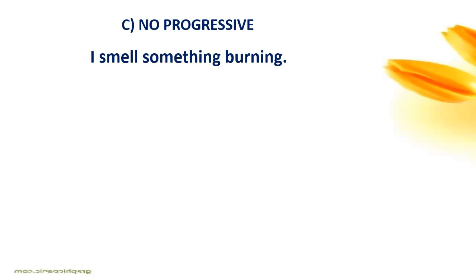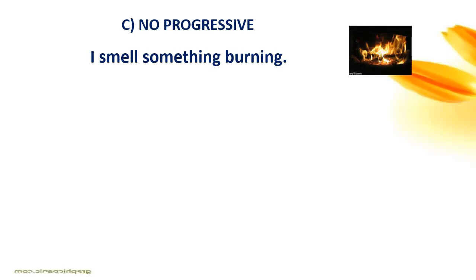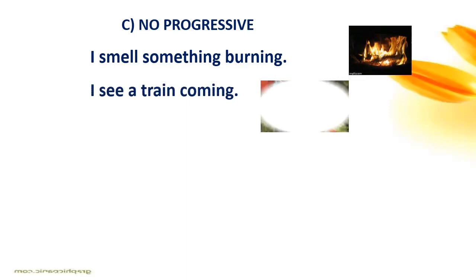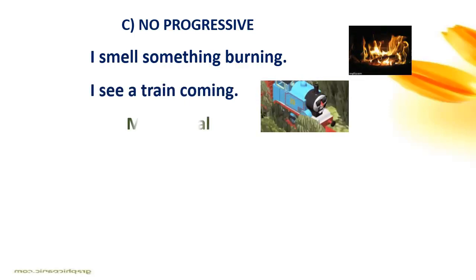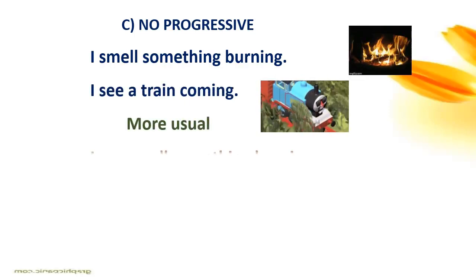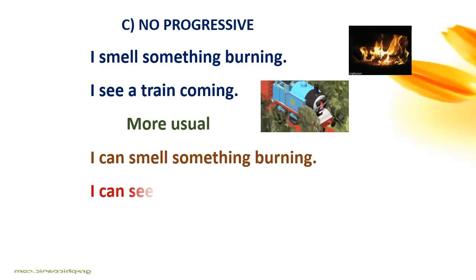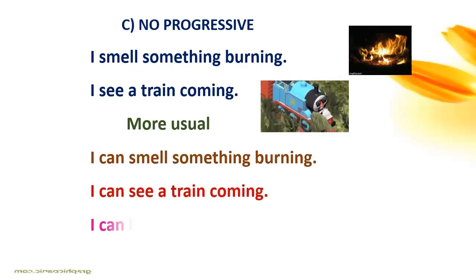Now no progressive. In point 6, what are those cases? I smell something burning. In the first picture, children, look. I see a train coming. But in these two cases, more usual form is I can smell something burning, I can see a train coming, I can hear a dog barking.